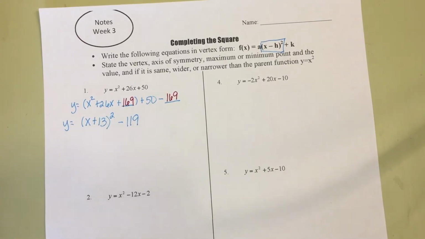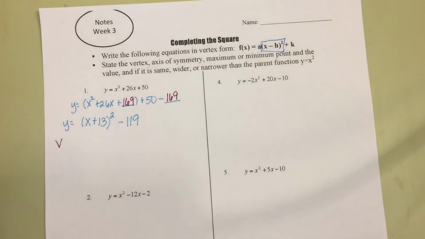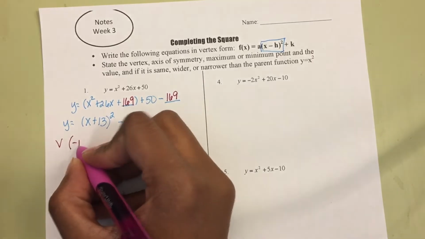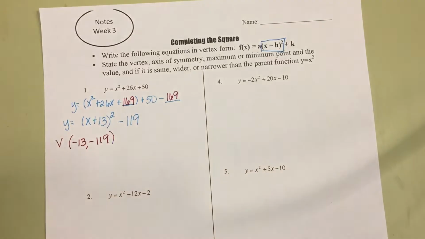And then just make sure you watch the directions. That's the first bullet. And then the second bullet wants us to actually list the vertex, the axis of symmetry, max or min, and then at what point. And then if it's same, narrow, wide. So this one, the vertex, is going to be, remember, opposite sign. So negative 13 and negative 119.